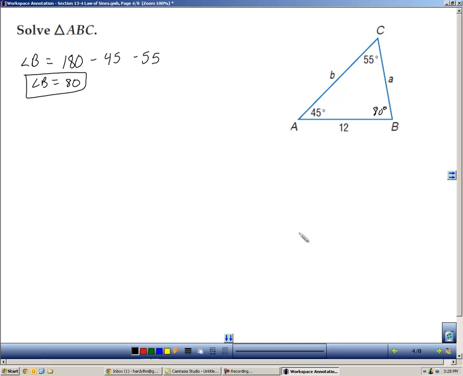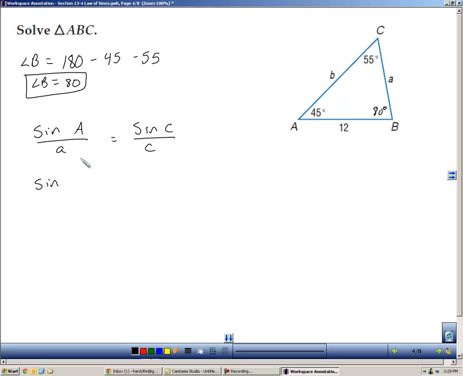And now we're going to use the law of sines to find side A and side B. Well, let's look at angle A, which I do know. I don't know side A, so I can create a ratio, sine of A over A, and I can set that equal to angle C and side C, which I do know. So I'm going to plug values in, 3 of which I do know and 1 of which I don't know.